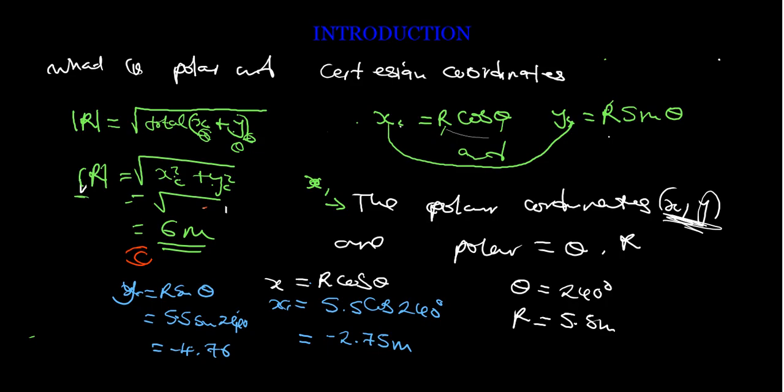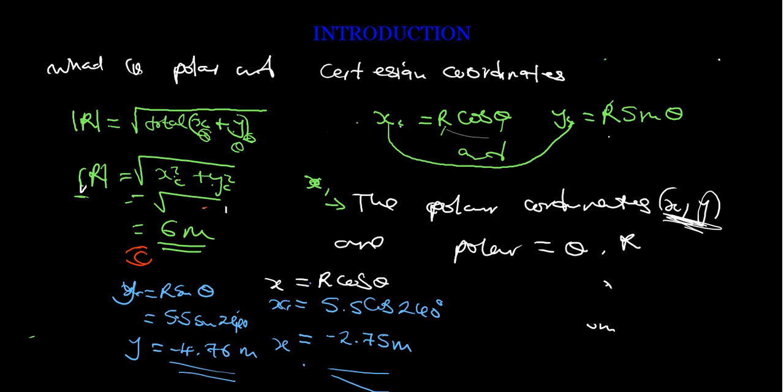So you say meters. So these are Cartesian coordinates: x is this one, y is this one. So that's how you find polar and Cartesian.